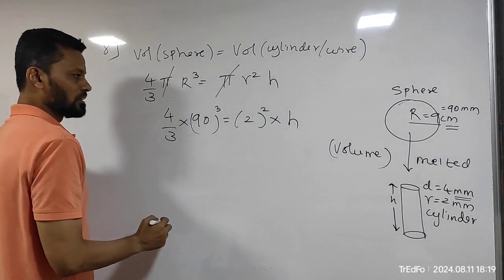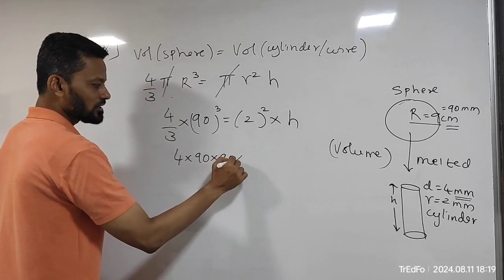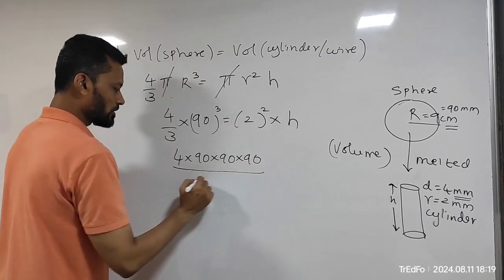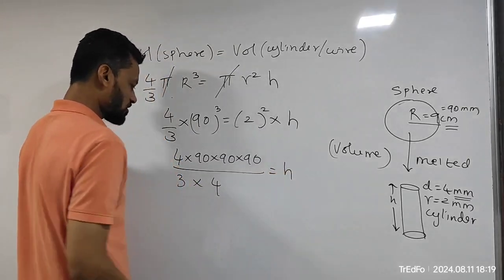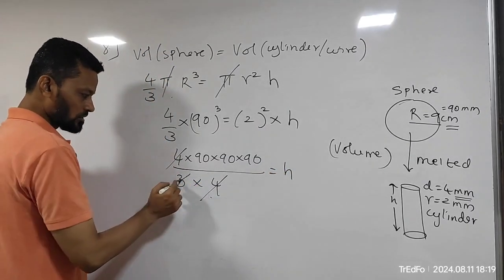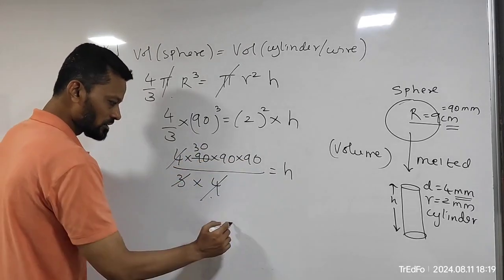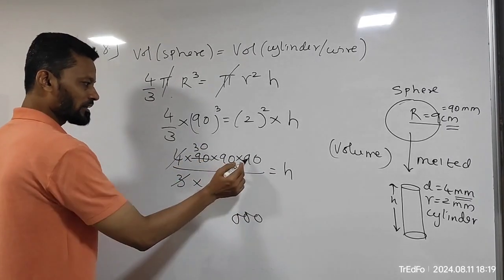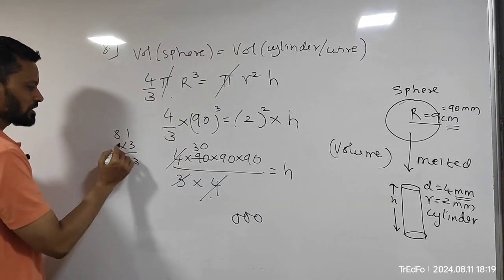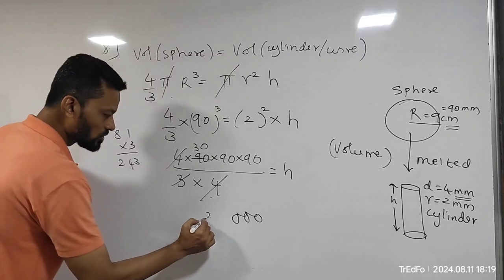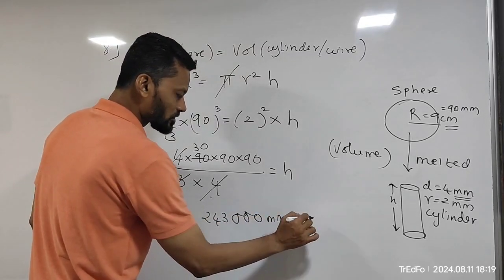Simple calculation: 4 into this is 90 into 90 into 90 upon 3 into 2 square 4 equals h. 3 ones are 3, 3 3s are 9, and 90, 1 2 3, three zeros; 9 9s are 81, 81 into 3: 3 ones are 3, 8 3s are 24, so 24300 millimeter equals h.